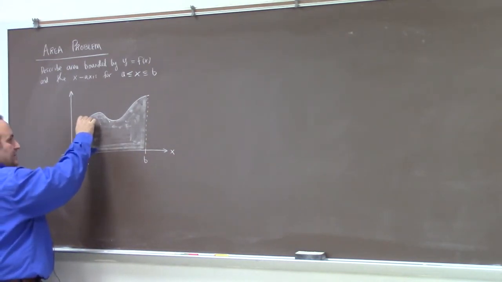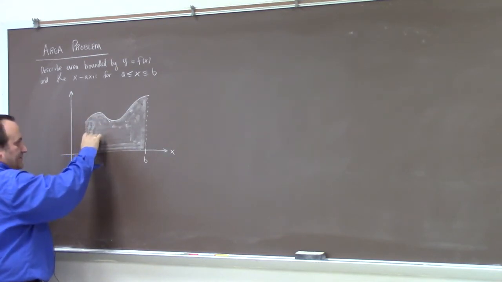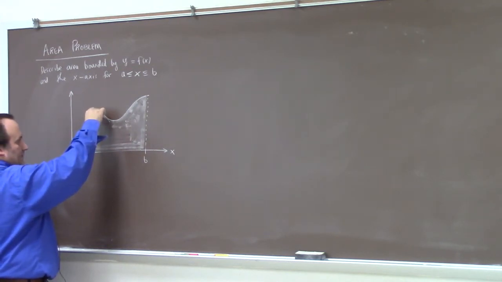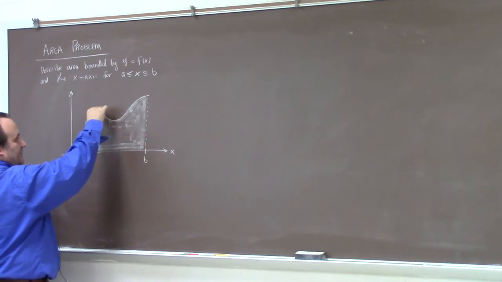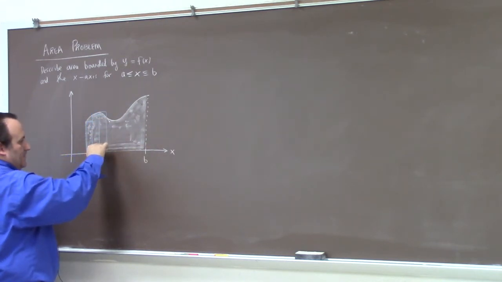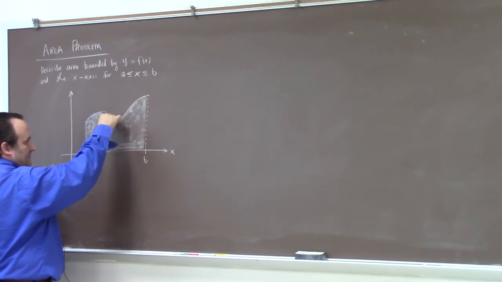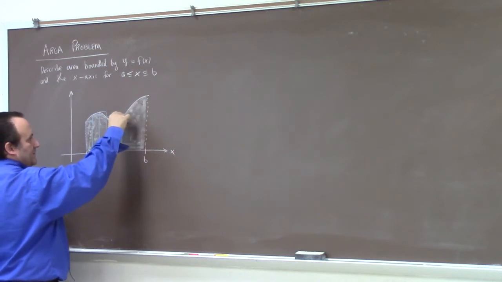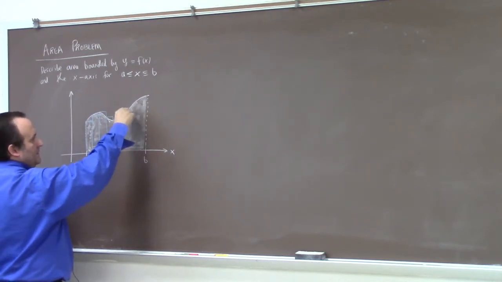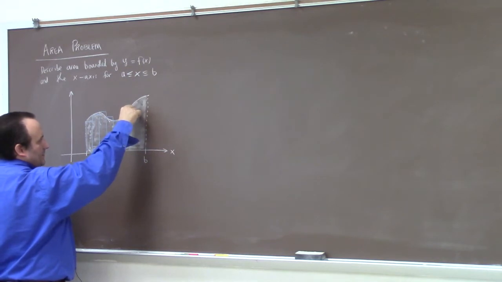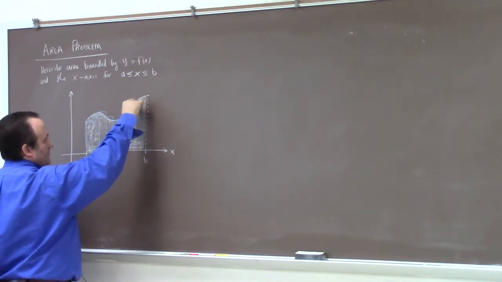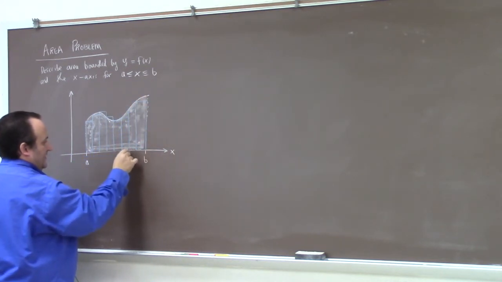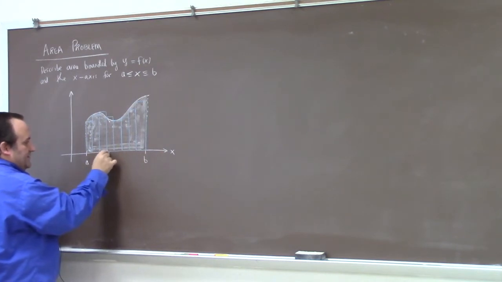Like we could put this rectangle here, and then we could use this one like that, and then this one like this, and then this one, and then one here, and this one, and that one like that, and then something like that.